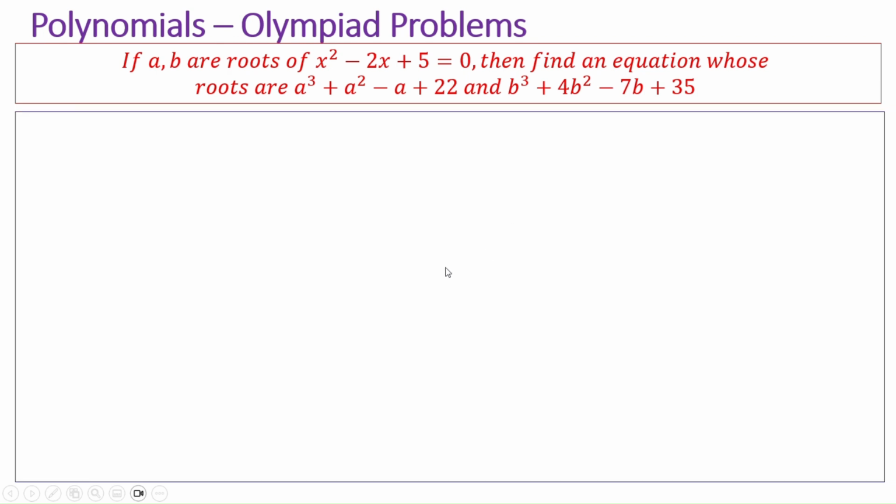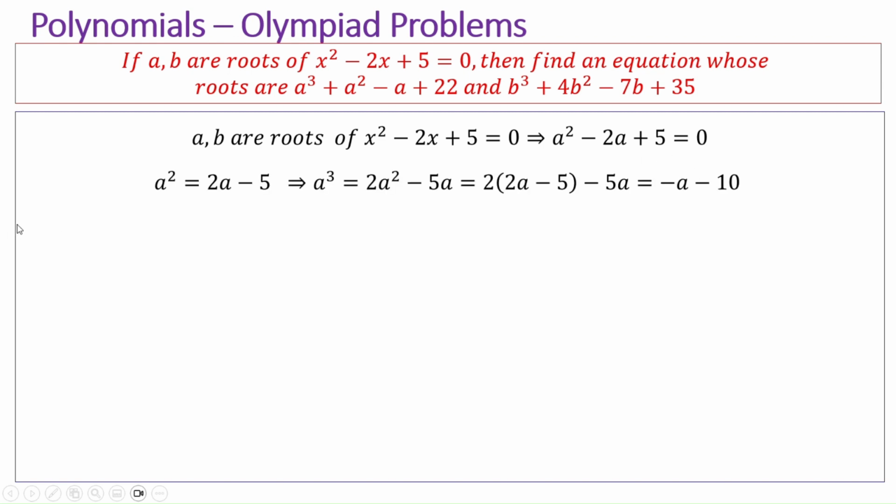Let's see. a, b are roots of this equation, which implies a square minus 2a plus 5 is 0. Now a square is equal to 2a minus 5. So I have written a square in terms of a.